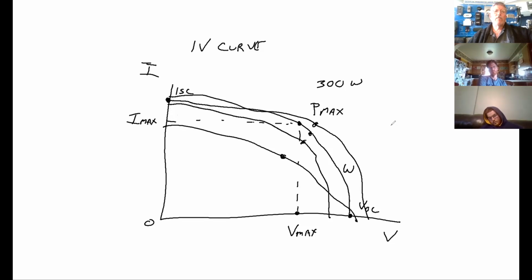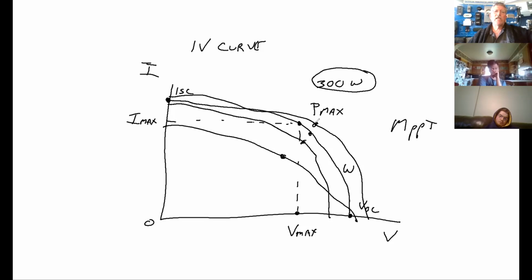And that's what the MPPT does. The maximum power point tracker changes the voltage of your system to track with the maximum power point, so that under any changing condition, your panel is producing the most power it can produce. It will only produce 300 watts under standard test conditions, but it will try to produce whatever the best is under changing conditions.